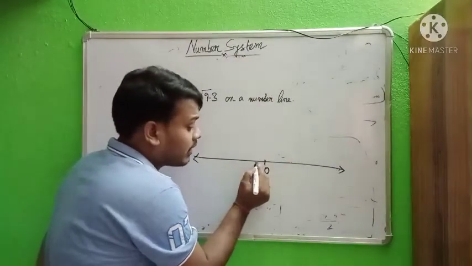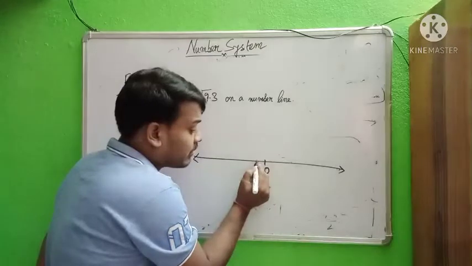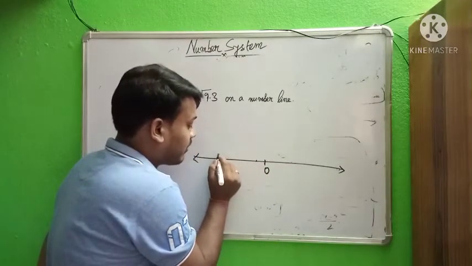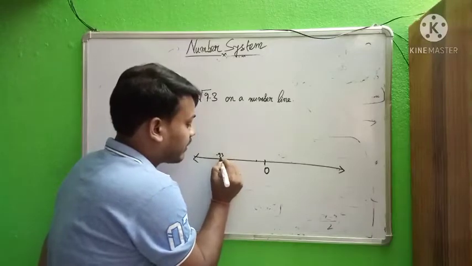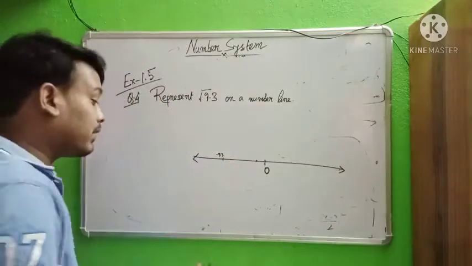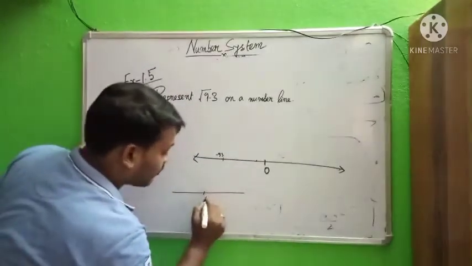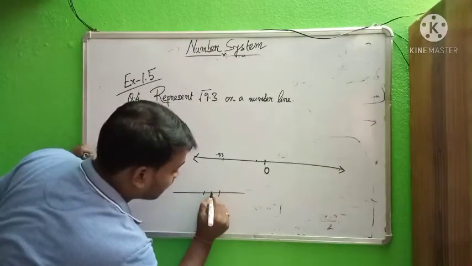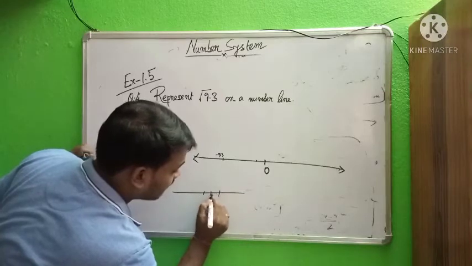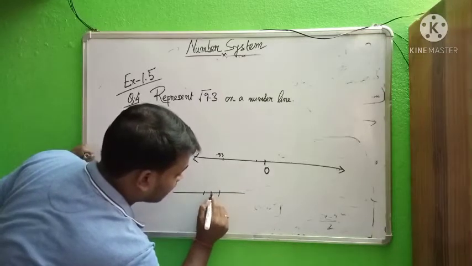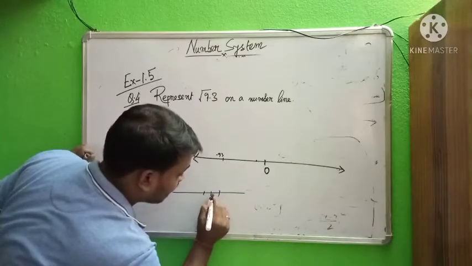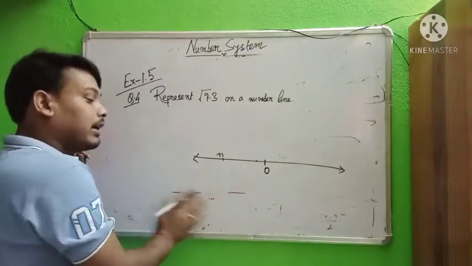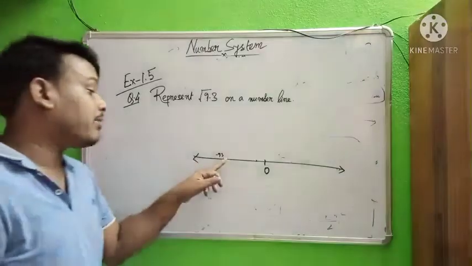Using the centimeter scale, 1 centimeter, 2 centimeter, 3 centimeter, and here there are 10 divisions. That means after 1, the first position is 1.1, second position 1.2, 1.3, and in this way you can find 9.3.